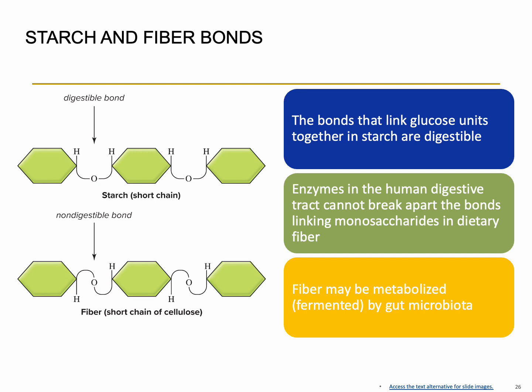Fiber down there on the second image, that has a form of bond that is between the different saccharide units that human enzymes cannot break down. So we can metabolize some of those in the large intestine, and that actually can feed gut microbiota, which is really healthy for the large intestine. But for the most part, the fiber passes through our body undigested.